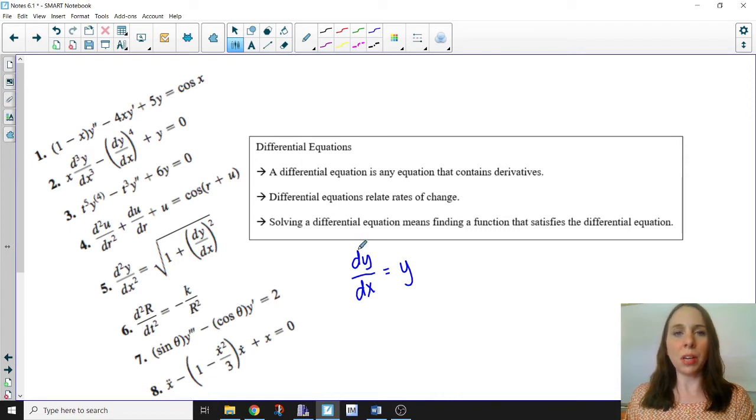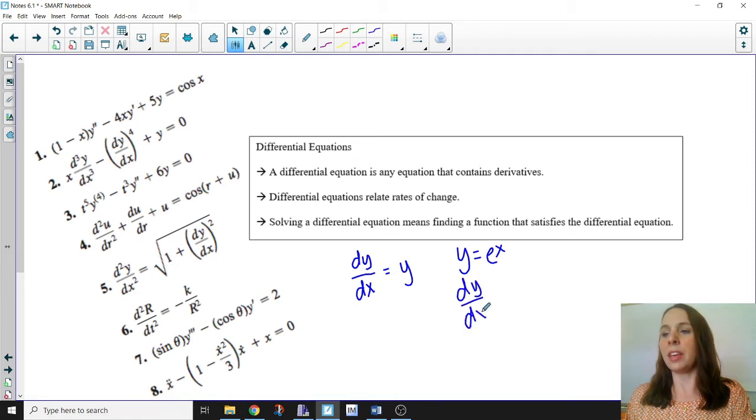Are you thinking what I'm thinking? Who knows what you're thinking? But I'm thinking about y equals e to the x. That satisfies that equation, right? The derivative of e to the x is itself. And so we could say that if we have y equals e to the x, then we know that dy over dx is equal to e to the x.